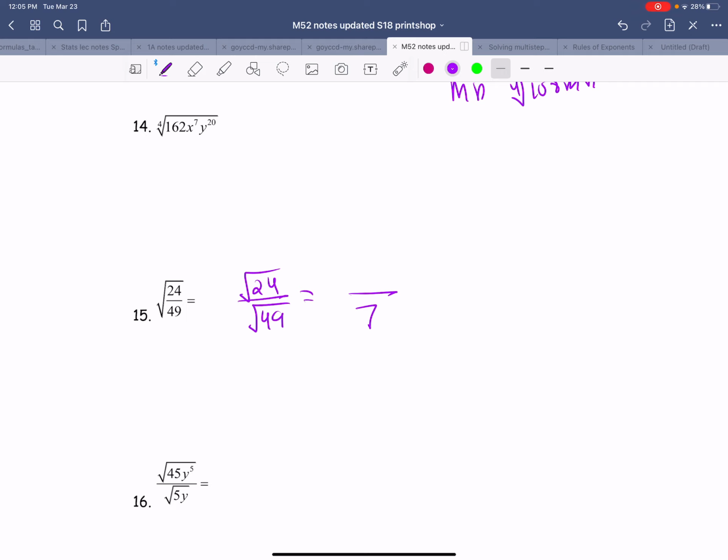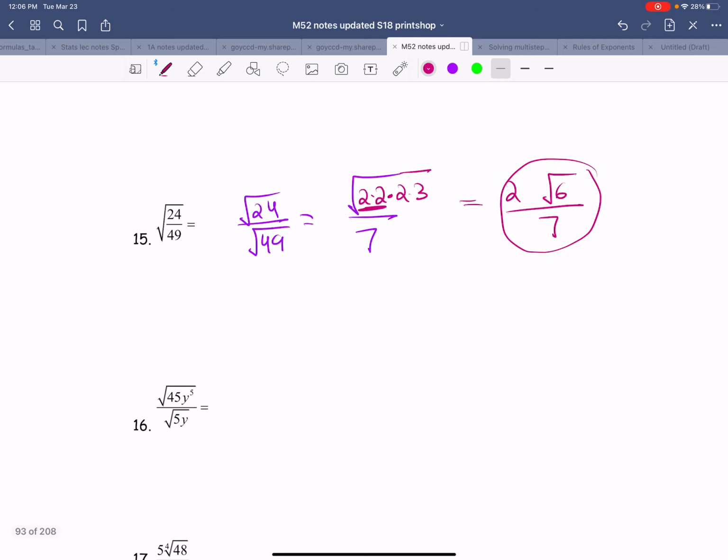However you want to break 24. 24 is 12 times 2, or 6 times 4, or 8 times 3. Any way you want to break it. For 2 2's inside, 1 2 comes out. We have square root of 6 left inside. And square root of 49 is 7 in the denominator.